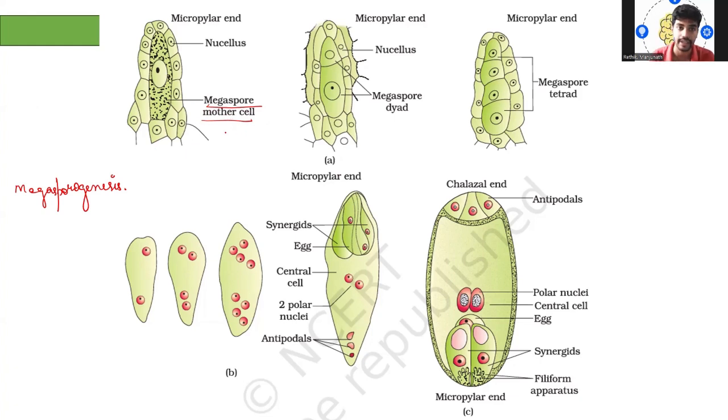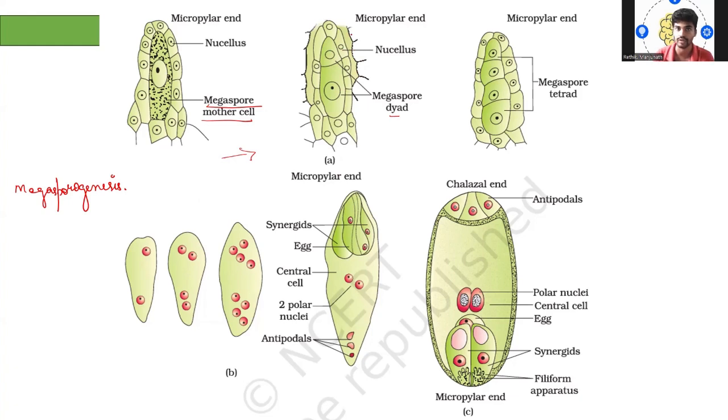The ovule gets differentiated, and so does the nucleus. Once the differentiation happens, you are going to see the megaspore dyad. That is the large cell, which now contains the dyad region. Two things you'll be seeing, and you are also going to see the nucleus around it.